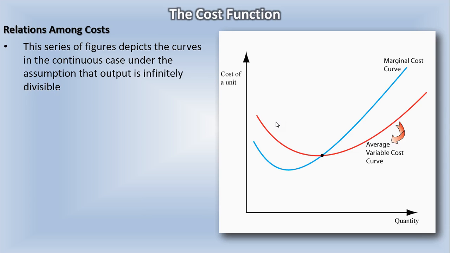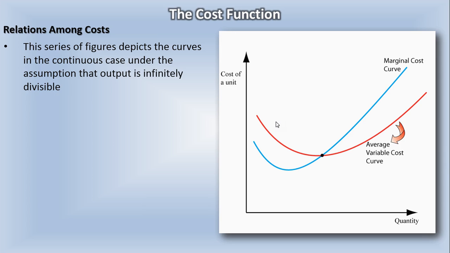So as we're increasing the amount of output, this again represents the average variable cost, the average amount of the cost of producing additional units that is attributable to our variable input, which is labor.